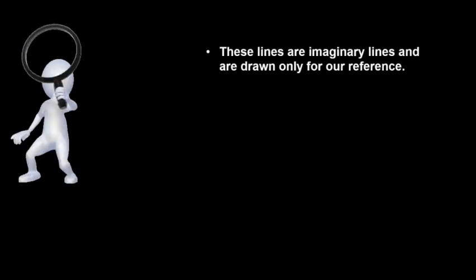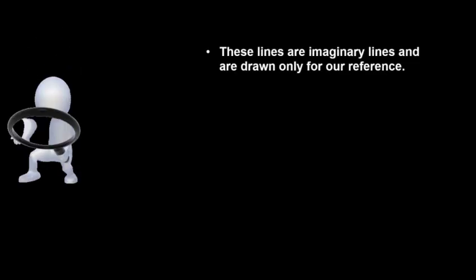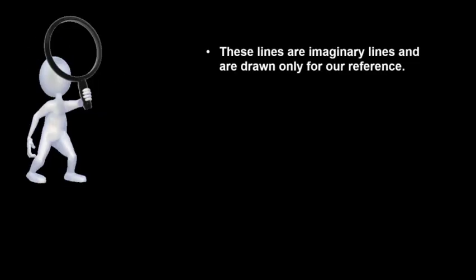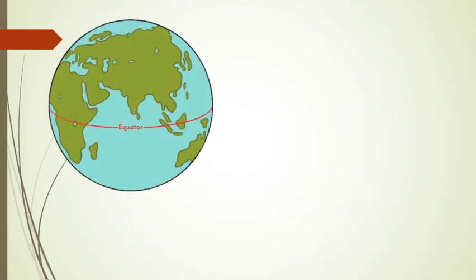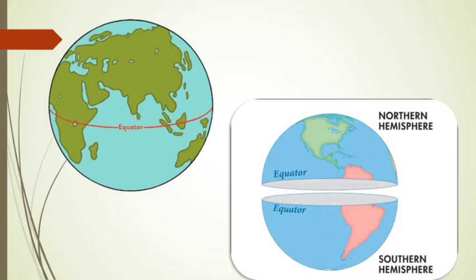Because these lines are imaginary and are drawn only for our reference. The longest parallel line, called the equator, divides the Earth into two equal halves. As you can see in the first image, the red line is the equator. The equator passes midway between the North Pole and the South Pole.